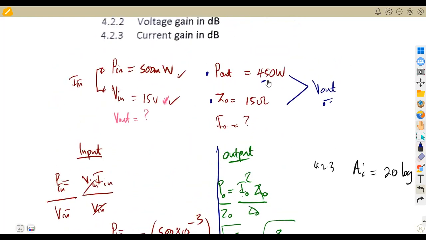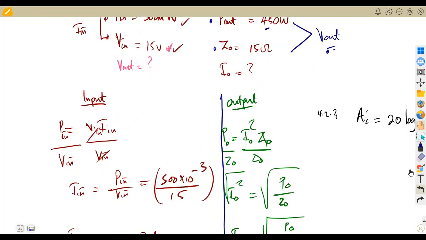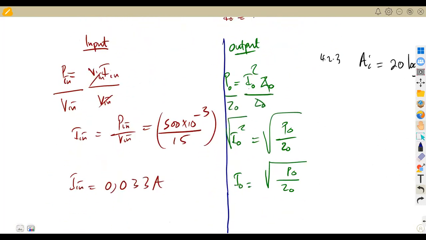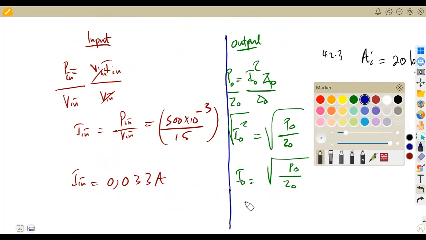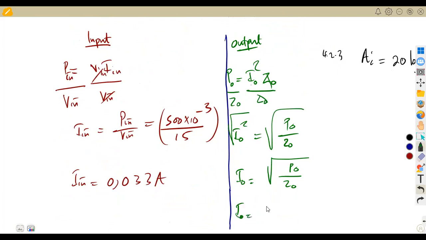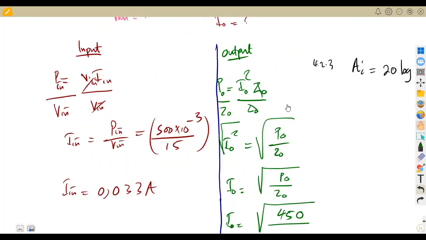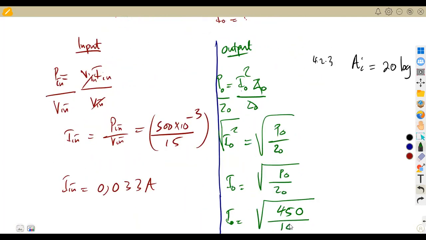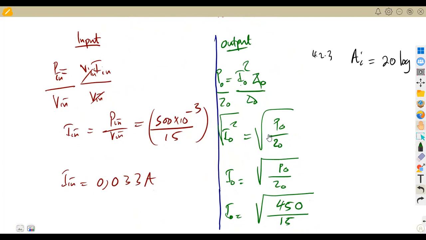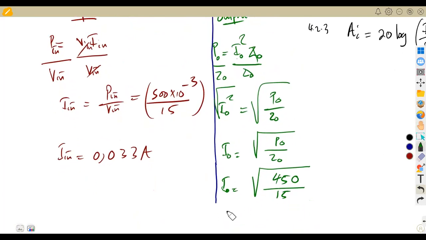The power at the output is 450, and the impedance at the output is 15. So the current is the square root of 450 over 15.